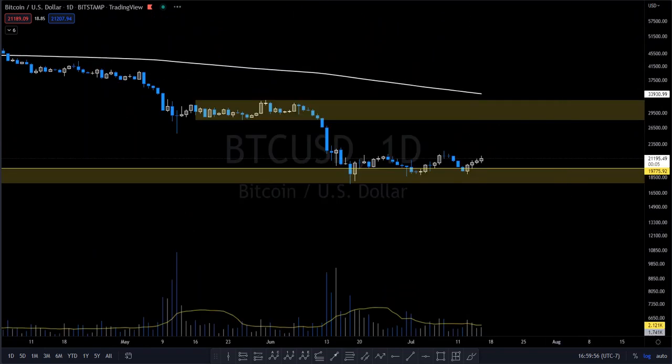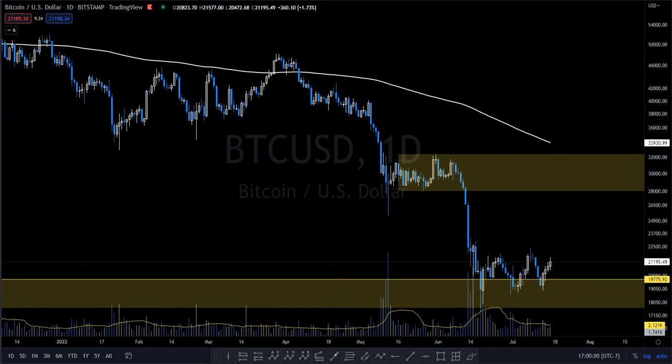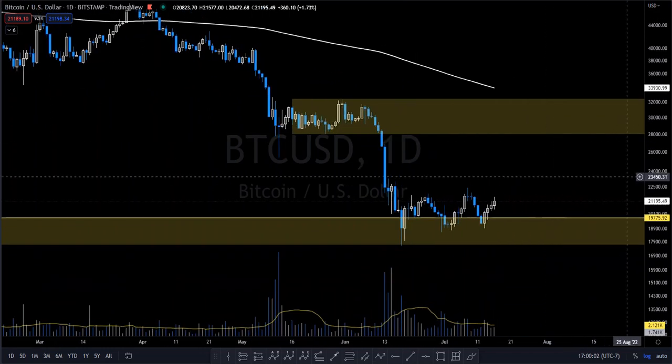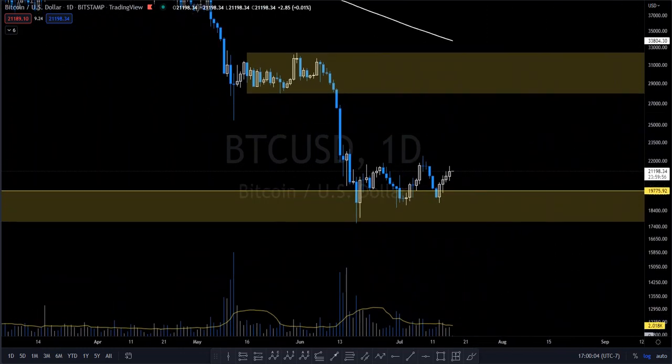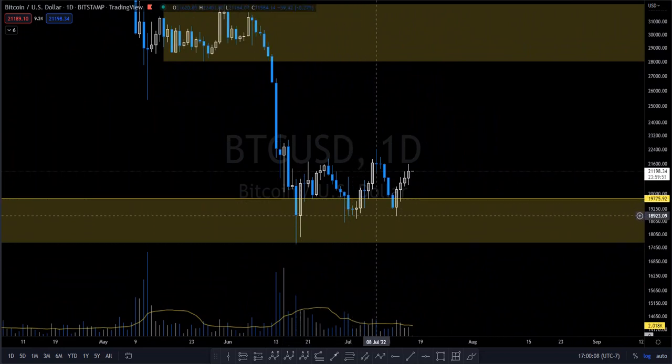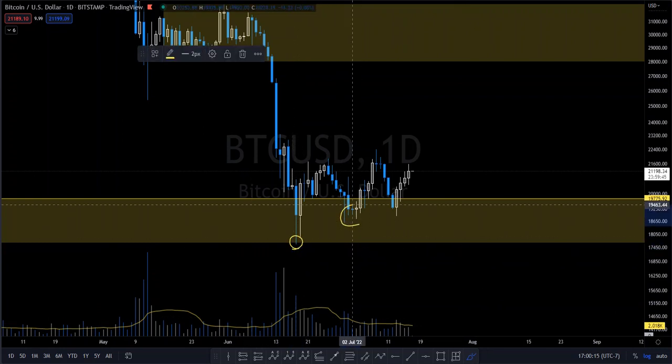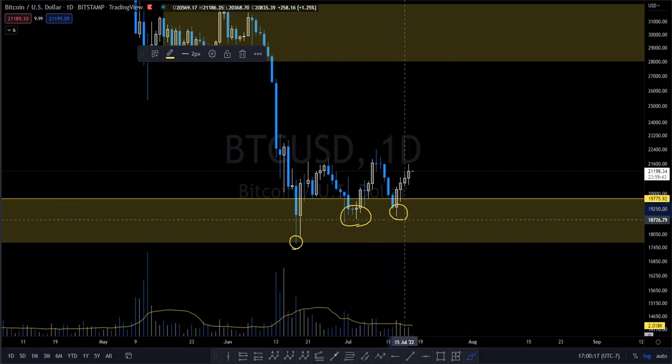Let's go to the daily time frame and see how the price action is there. What we can see here is a series of higher lows. Let me show you. This is a low, this is a higher low, this is a higher low.